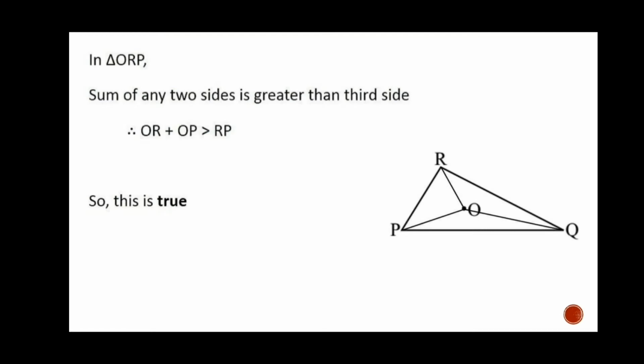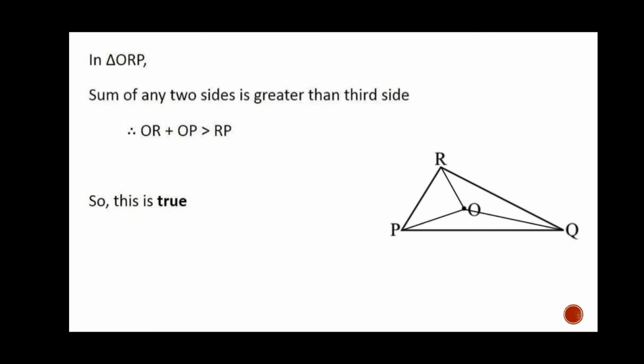In triangle ORP, the sum of any two sides, OR plus OP, when we add these two sides their sum will be greater than RP according to the side sum property. So we can see this is already a triangle, so we write this statement and it is true. I hope these two questions are clear to you children.